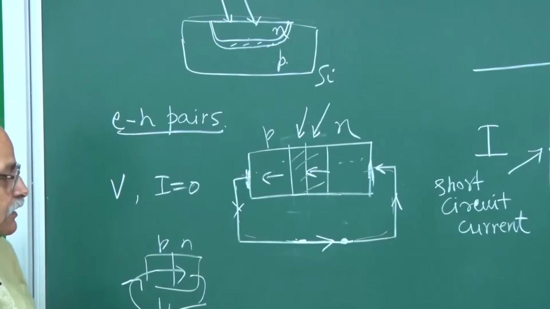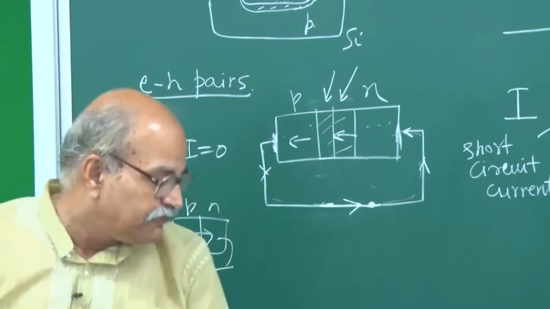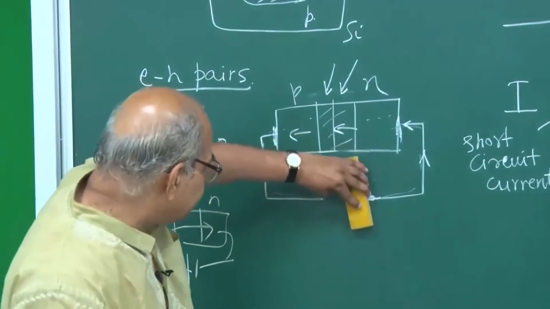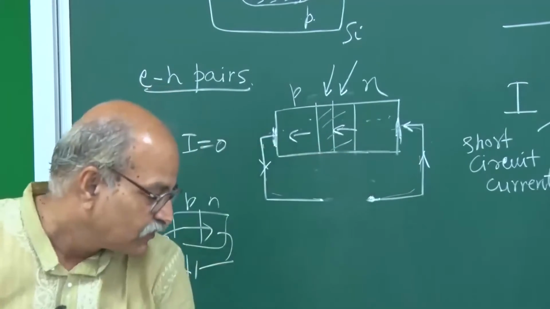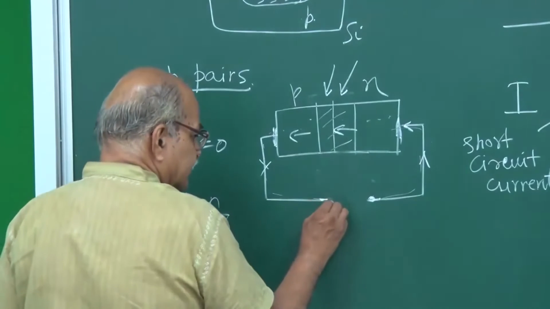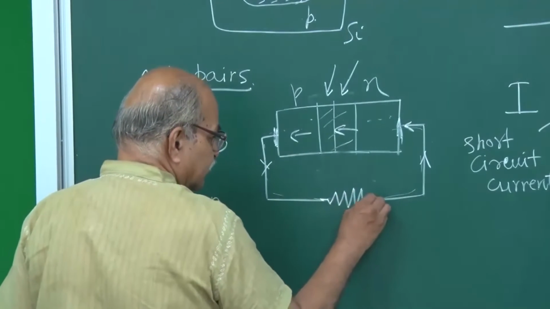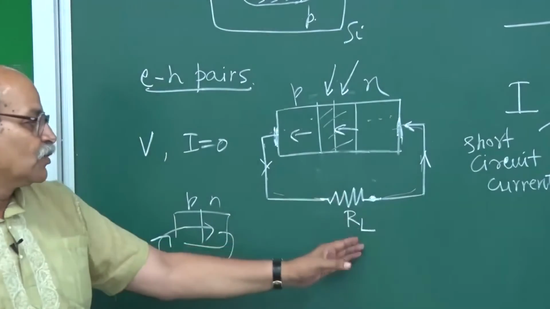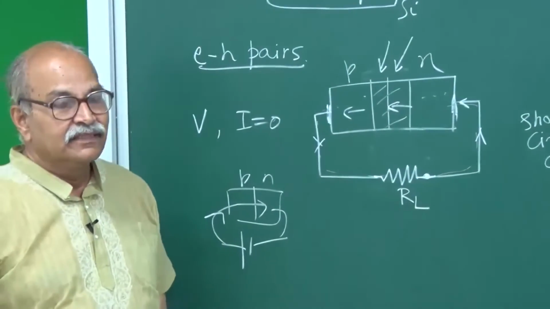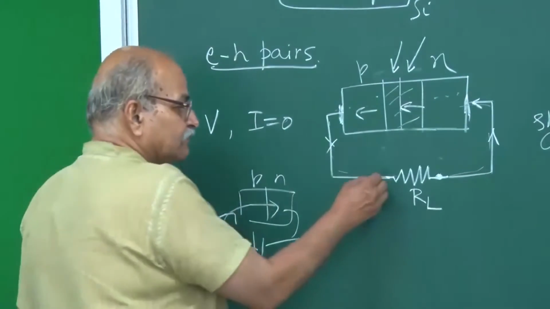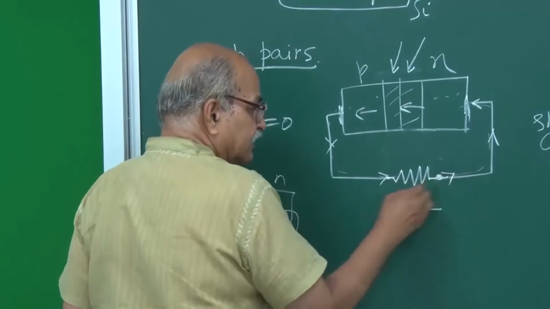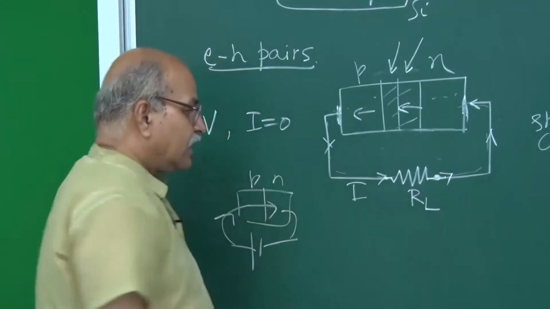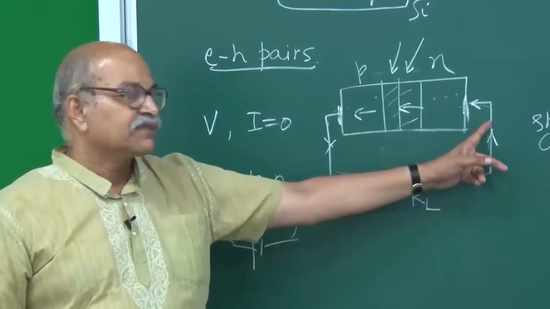Okay. Now in between, suppose I add a resistance here. I connect some motor or some bulb, some load resistance is added. The current will be there, and if you have this RL here and some current I, then I times RL will be the potential difference.